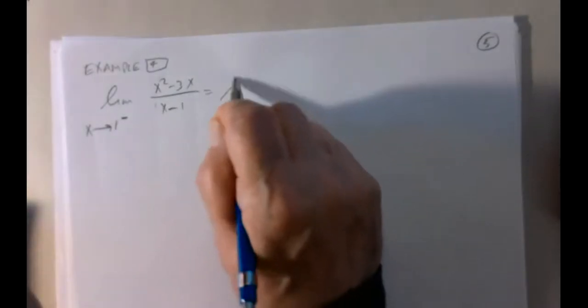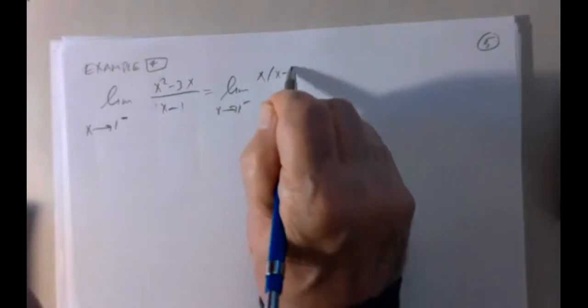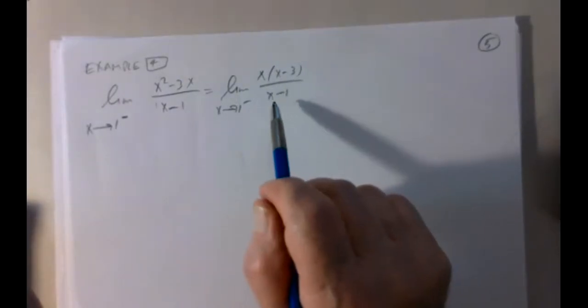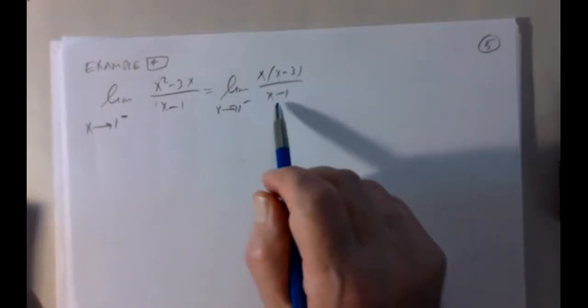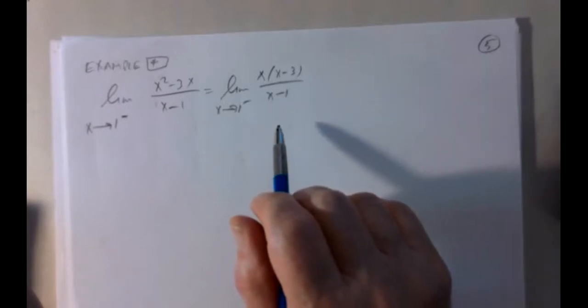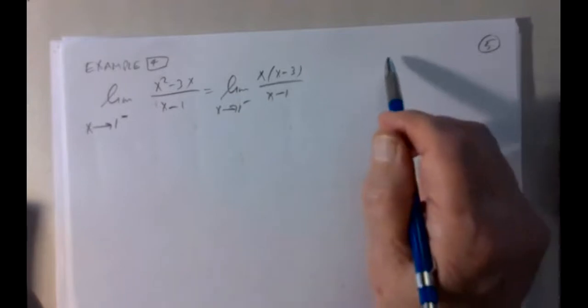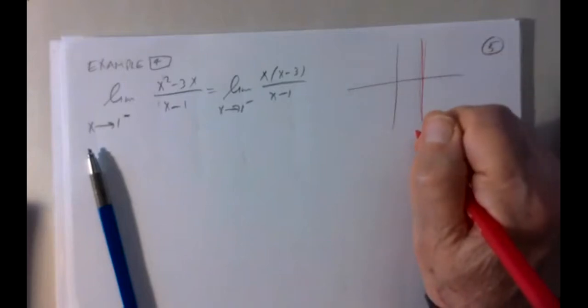Now you can factor the numerator. This is x times x minus 3 over x minus 1, but there's still no cancellation. As you approach 1, the numerator goes to negative 2, it's non-zero, and the denominator is going to 0. So there's a vertical asymptote at x equals 1.